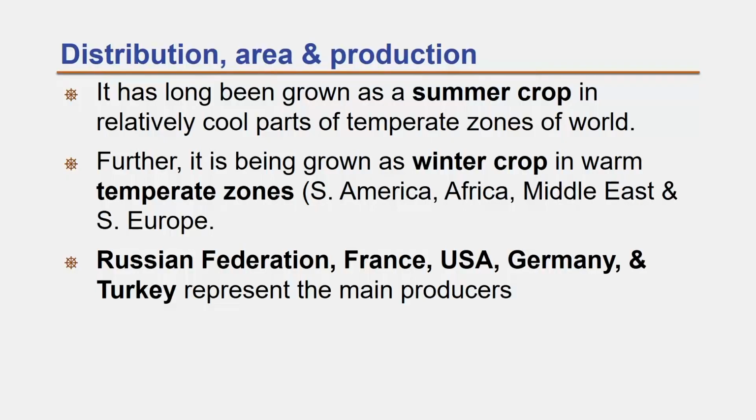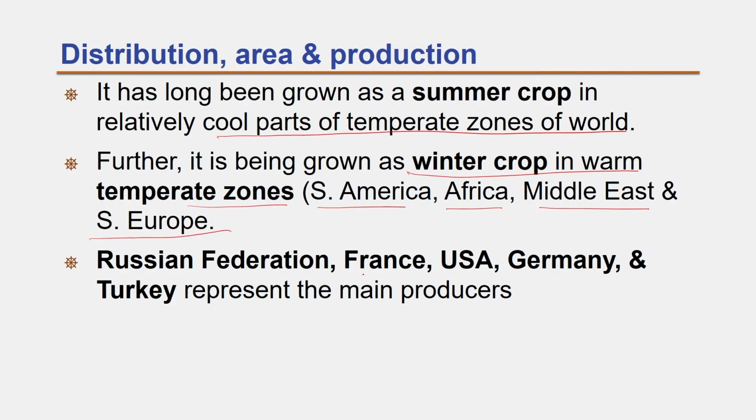Now let us check the distribution, area and production in the world. It has long been grown as a summer crop in relatively cool parts of the temperate zones of the world. Further, it is being grown as a winter crop in warm temperate zones like South America, Africa, Middle East and South Europe.